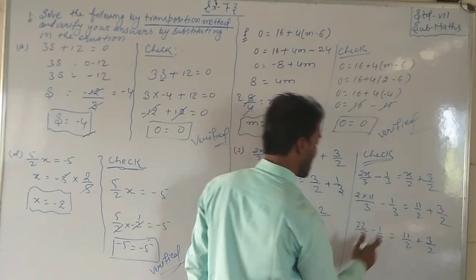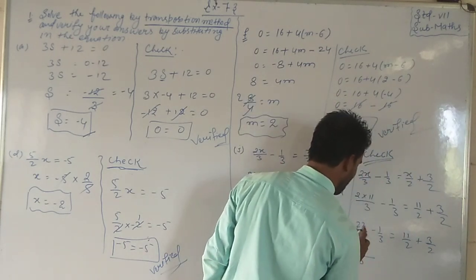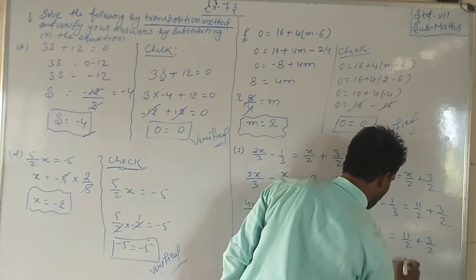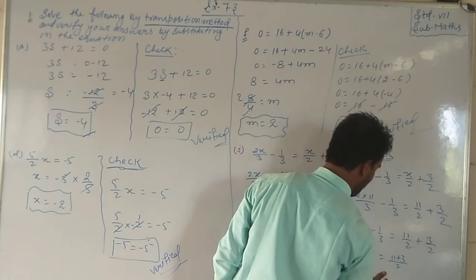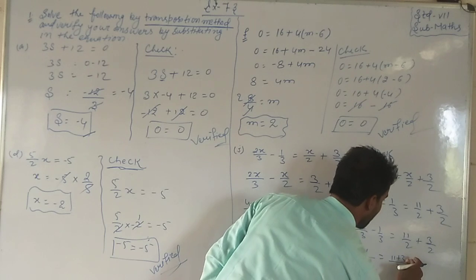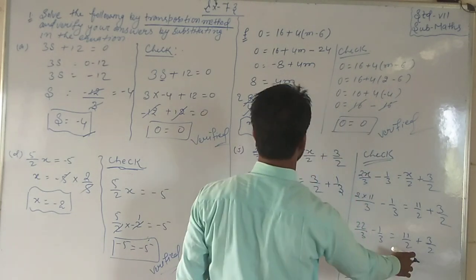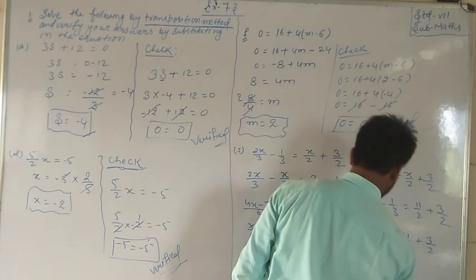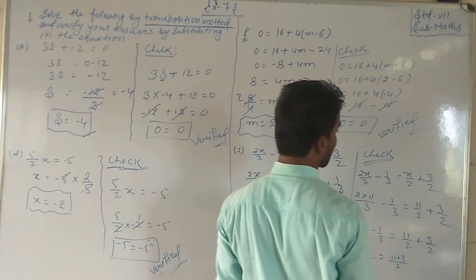Students, we will take the LCM. 22 minus 1 is 21 by 3. Here also 11 plus 3, because the denominator is the same, is 14 by 2.